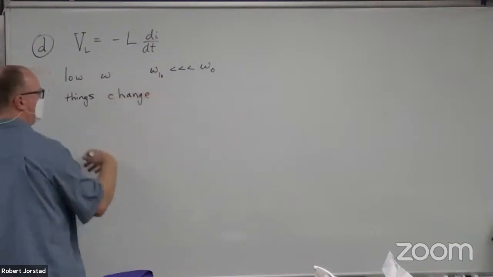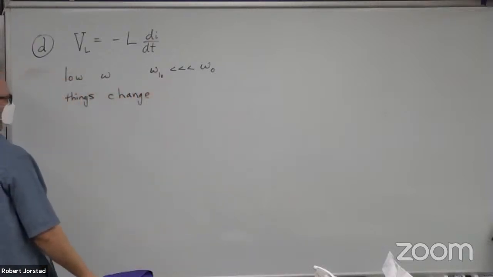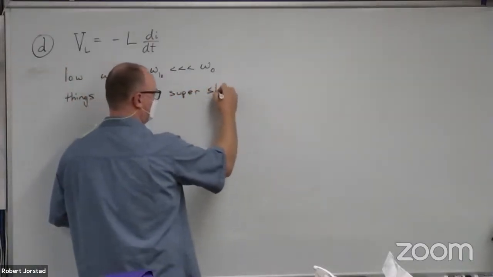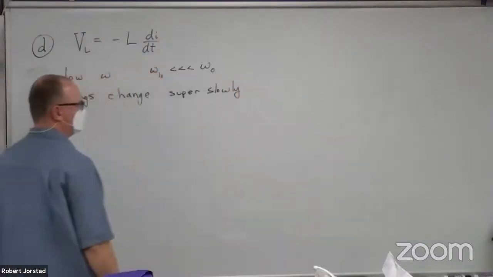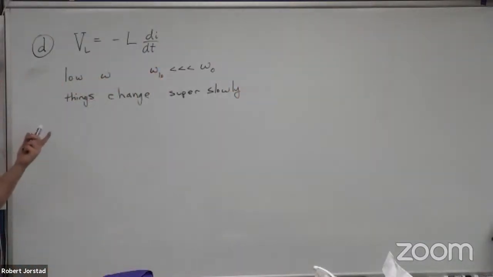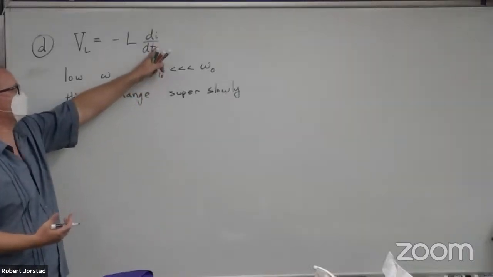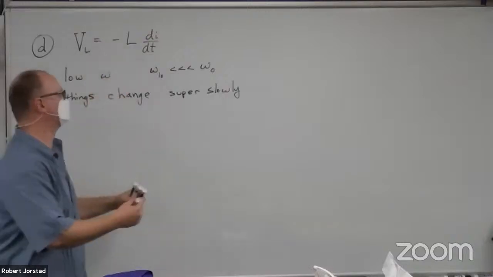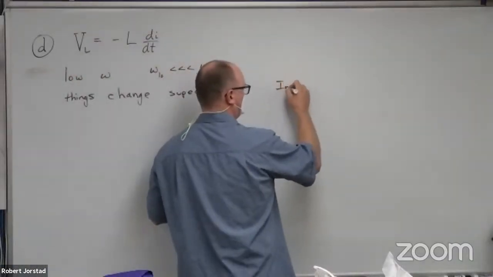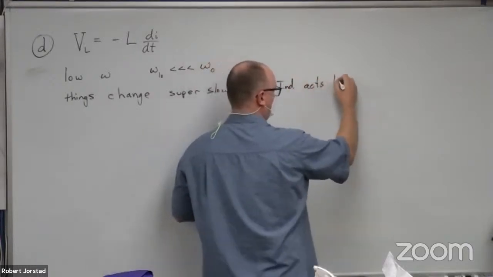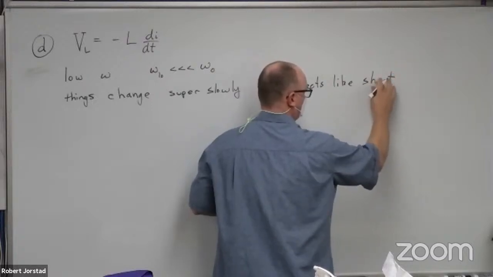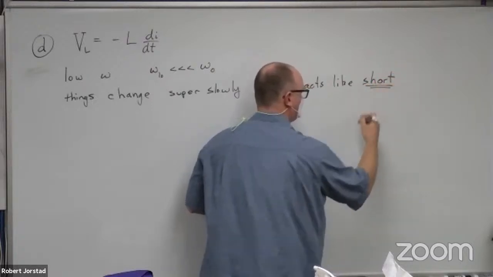If you have a low frequency, things change super slowly. Does the inductor act like a short or a break if you had to guess? Well, if there's almost no change, how much voltage is across the inductor? 0. Inductor acts like a short. Short. All right.